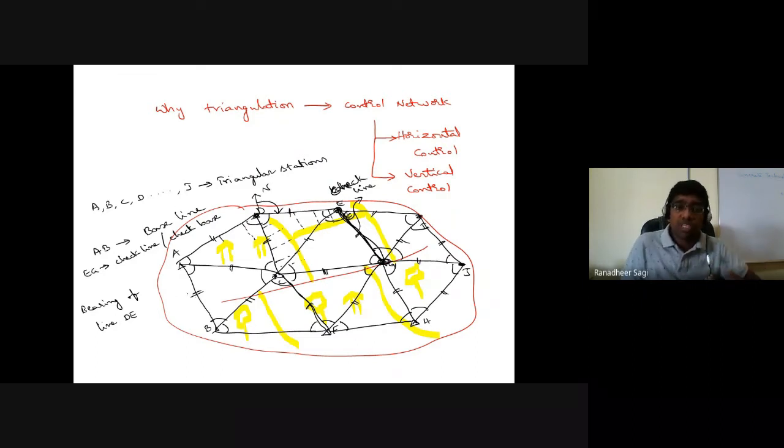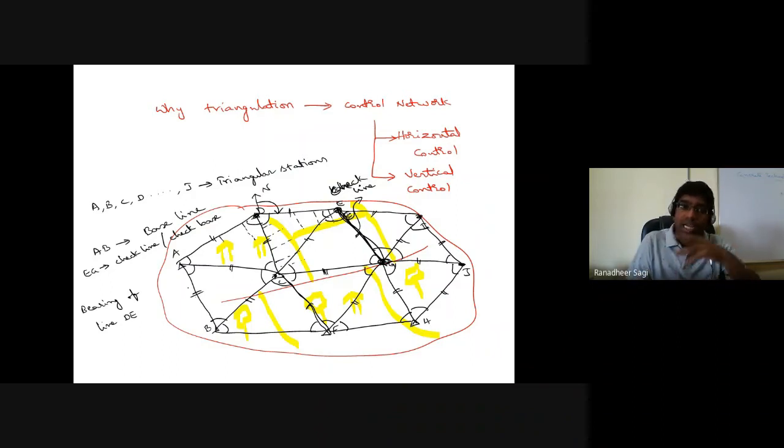Now, what is the purpose of determining the bearing of line DE? The purpose is to understand whether the subsequent network you are trying to represent is correct or not. At intermediate places, if you can measure the bearings of some of those lines, then you can cross verify. Already you know the internal angles formed between different lines.